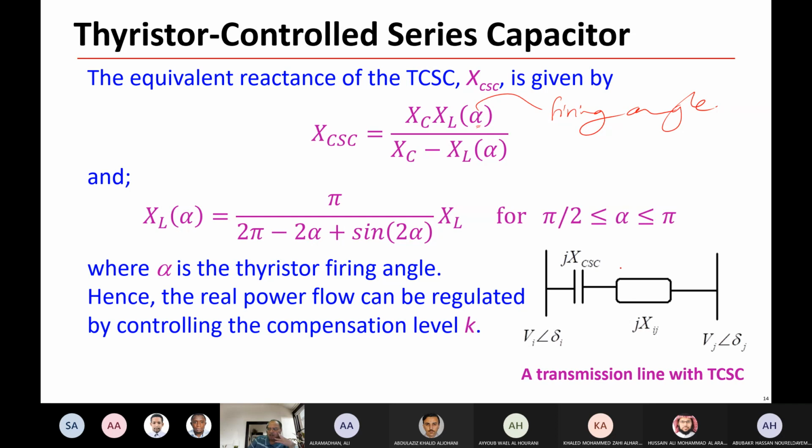We are interested in the net impedance of this line. So the net impedance is Xij minus XC. This is the effect of the capacitor here. Of course, there is the voltage across and the current through, with the current leading the voltage by 90 degrees, but this is not an issue here.